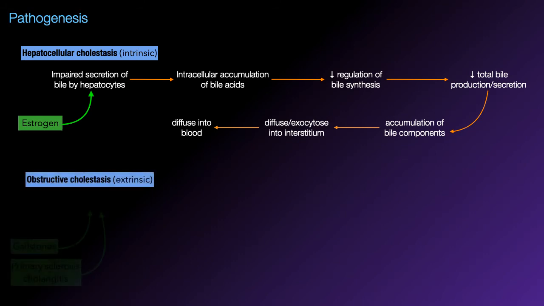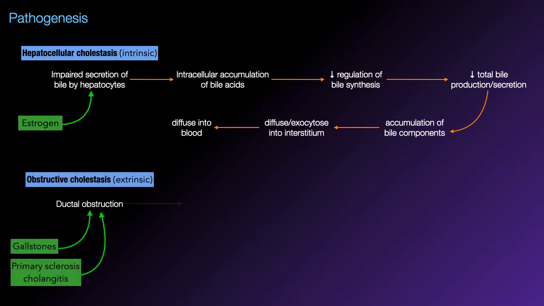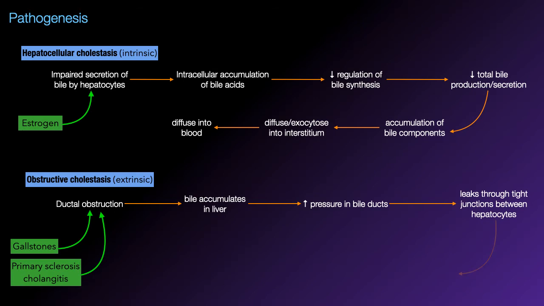Okay, the other major type of cholestasis is obstructive, which usually happens outside the liver, so it's also called extrahepatic, right? Now, this is usually a physical blockage of the common bile duct, and there are some common causes.